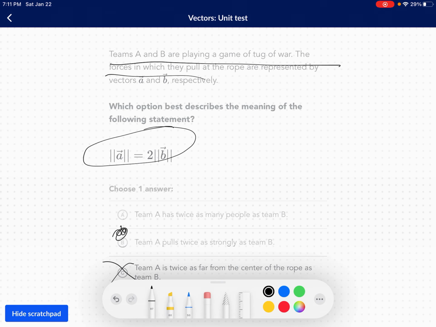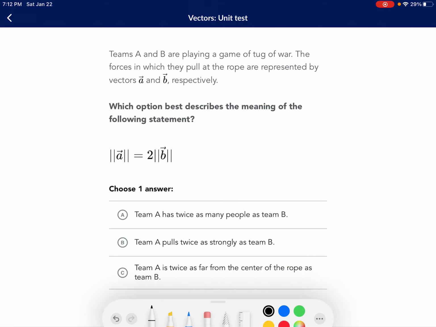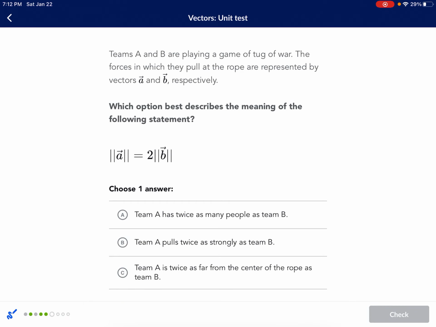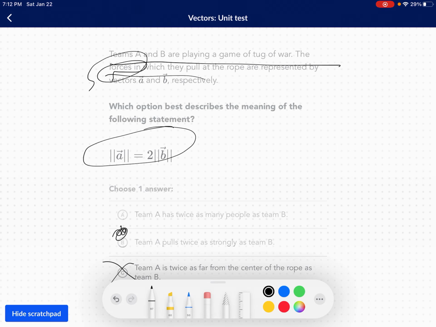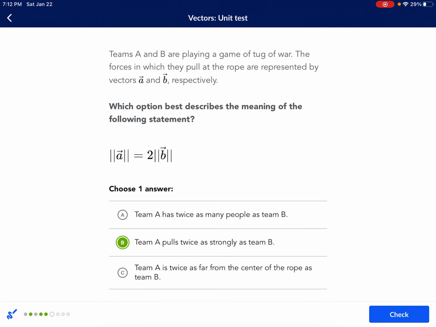Nope, not this. Has twice as many people. The forces, talking about the forces here. So it should be Team A. Yeah, Team A pulls twice as strongly, because we're talking about the magnitude here.